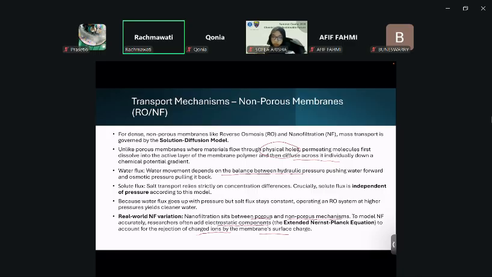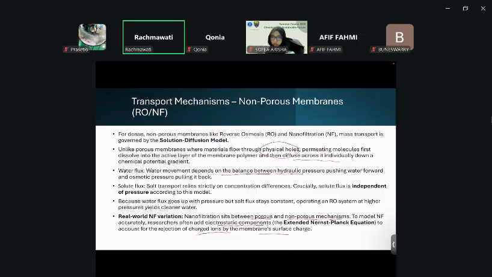For example, if the feed water contains some acidic or basic substances, which might trigger the formation of ions on the surface of the membrane, then you might want to consider the electrostatic forces.